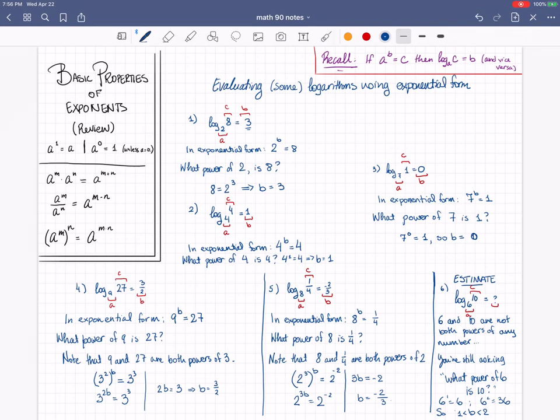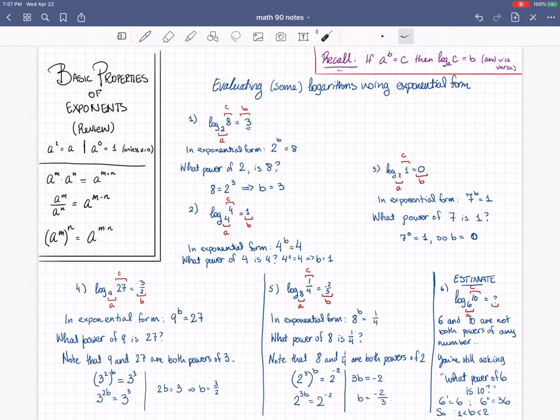We can't really give a super good decimal approximation of what log base 6 of 10 is. But we can say, we're asking what power of 6 is 10, and 10 is bigger than the first power of 6, and it's smaller than the second power of 6. So it's somewhere between that first and second power.